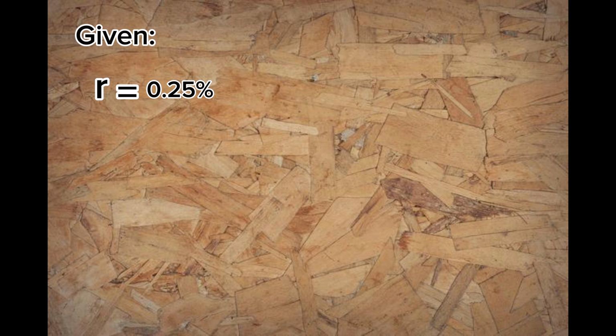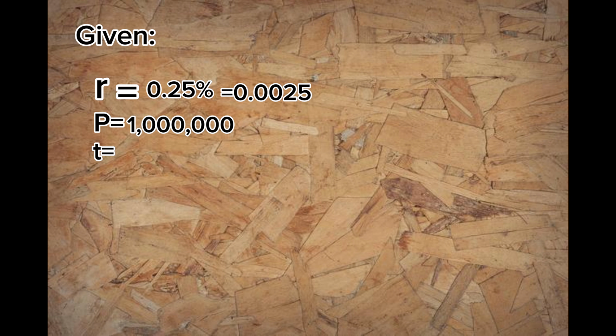Our R is 0.25%. And then let's convert it into a decimal, so that is 0.0025. Next we get the P, our principal. So this is our principal, which is the 1 million. And then our time is 1 year.